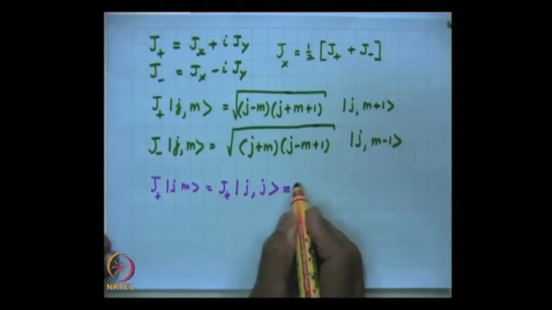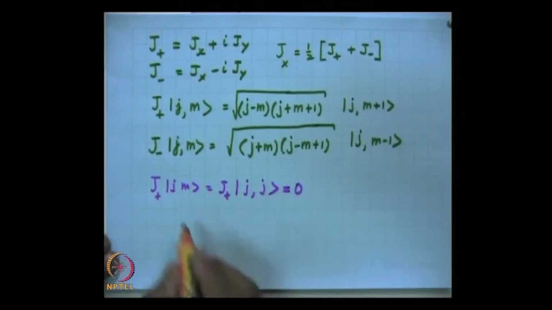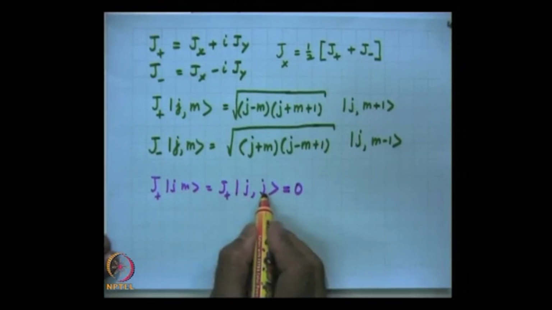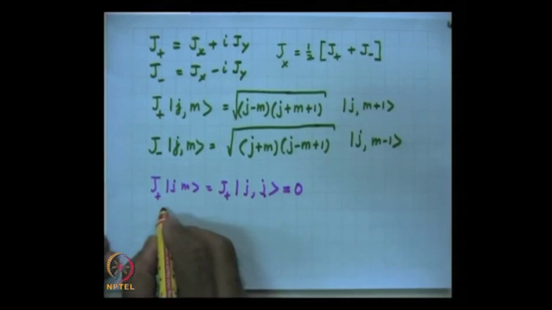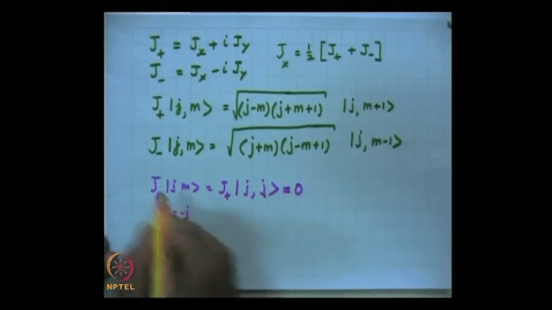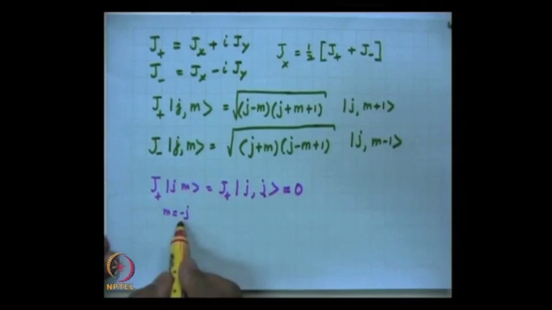So, this must be a null ket. So, when m is j, this factor must become 0, and when m is equal to minus j, since this is the minimum value of m, this factor must be 0.